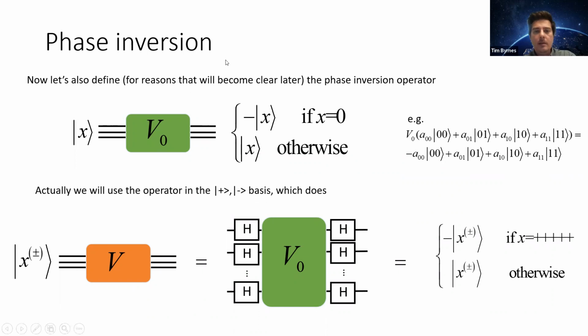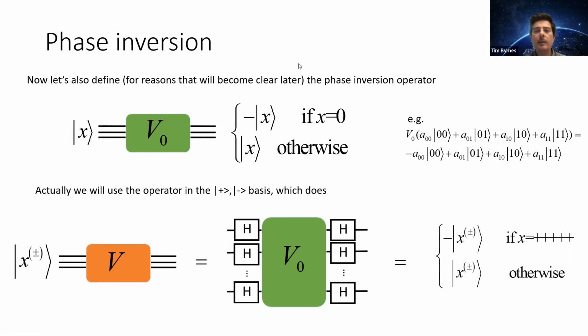It doesn't have a really good name, but I'm going to call it the phase inversion operator. It does just about the same thing; in fact, it's even simpler than the oracle. What this thing does, what I'm calling V0 here, is it puts a minus sign if the state is 0.